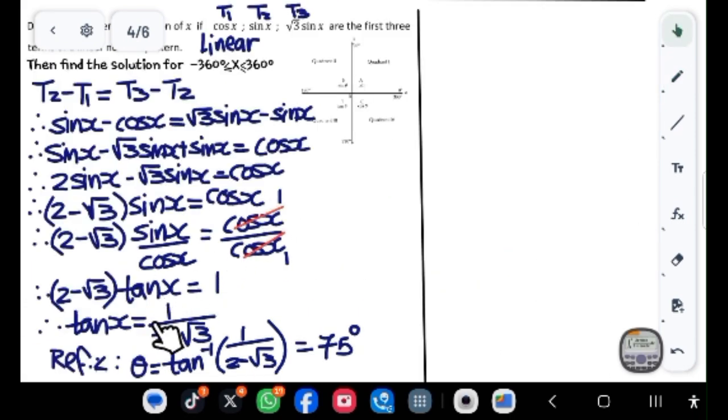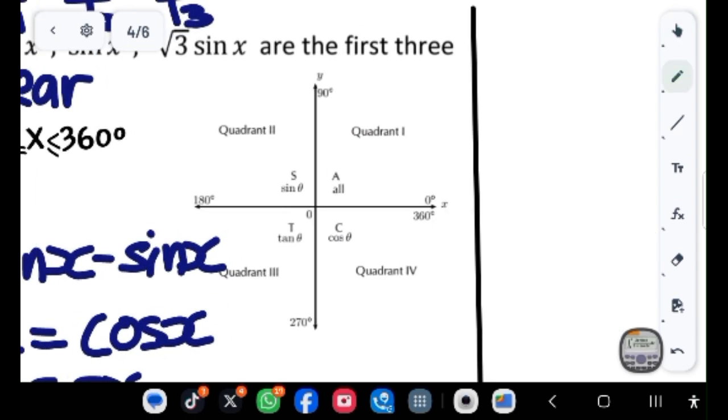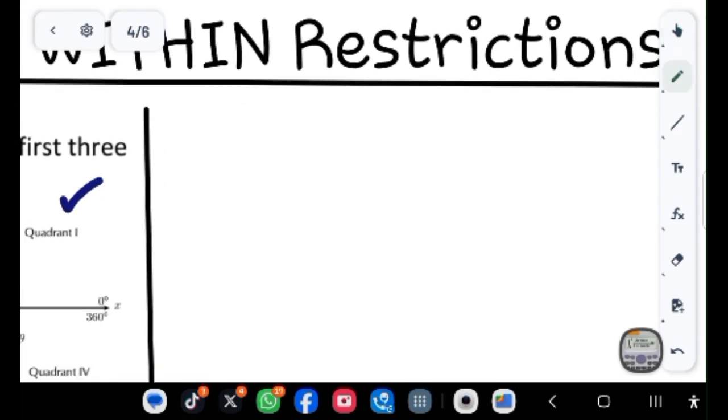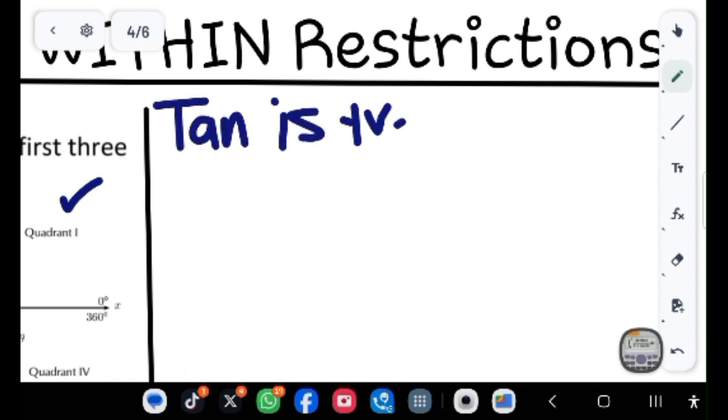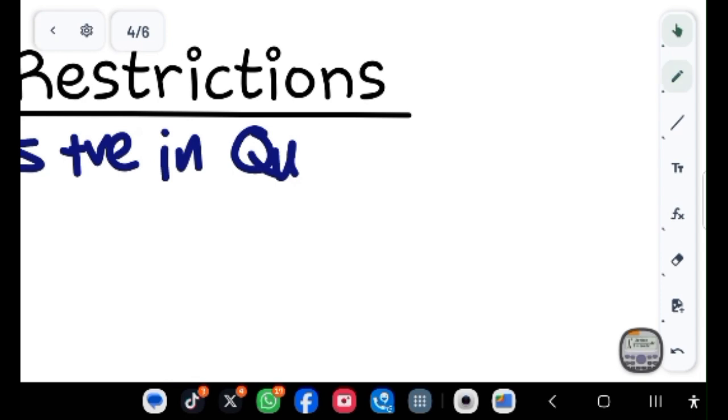Now we look for where tan is positive. The tangent of any angle is positive in the first quadrant and the third quadrant. Tan is positive in quadrant 1 and 3.